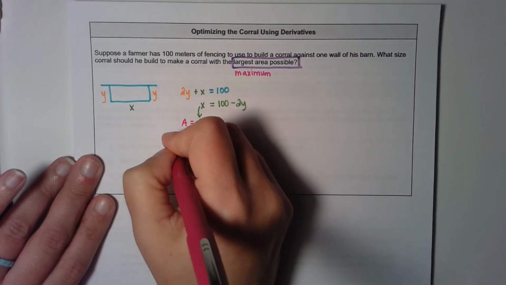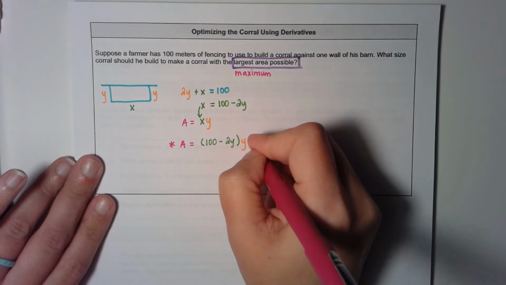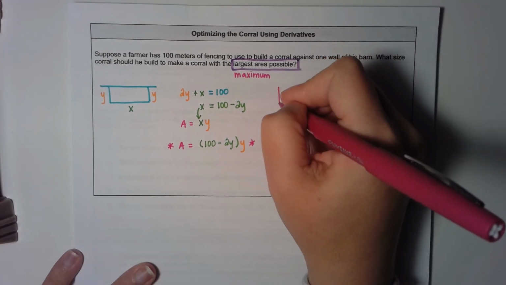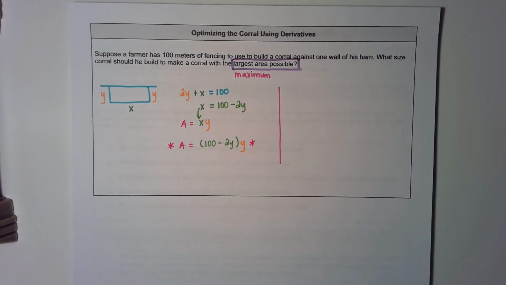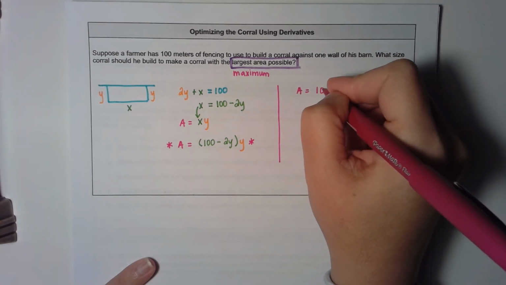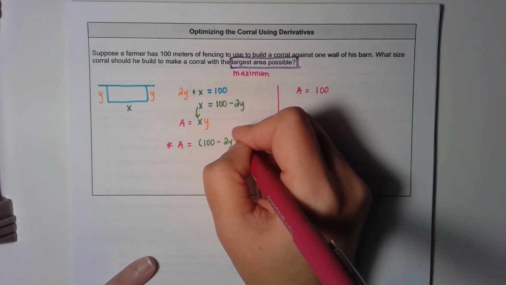Now, after you have your area formula, and we made our area formula only have one variable, the next step is to maximize that formula. To find a maximum, we're going to take the derivative, set it equal to 0, and solve. Before I take the derivative here, I can make my life a little bit easier by distributing this y.